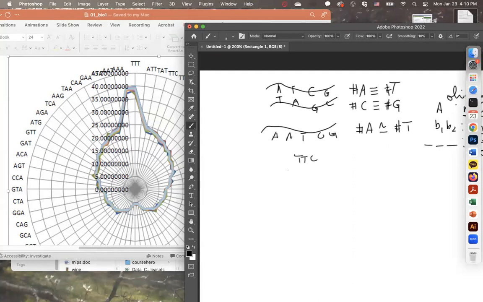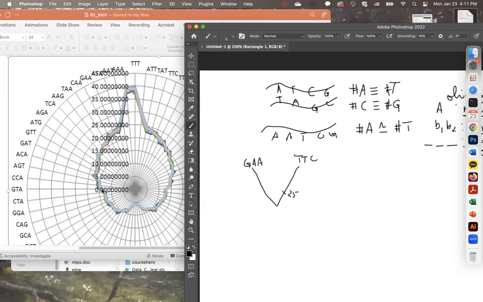TTC has a count of about 25. And if you go across to the mirror image, you'll find GAA. GAA also has a count of about 25.